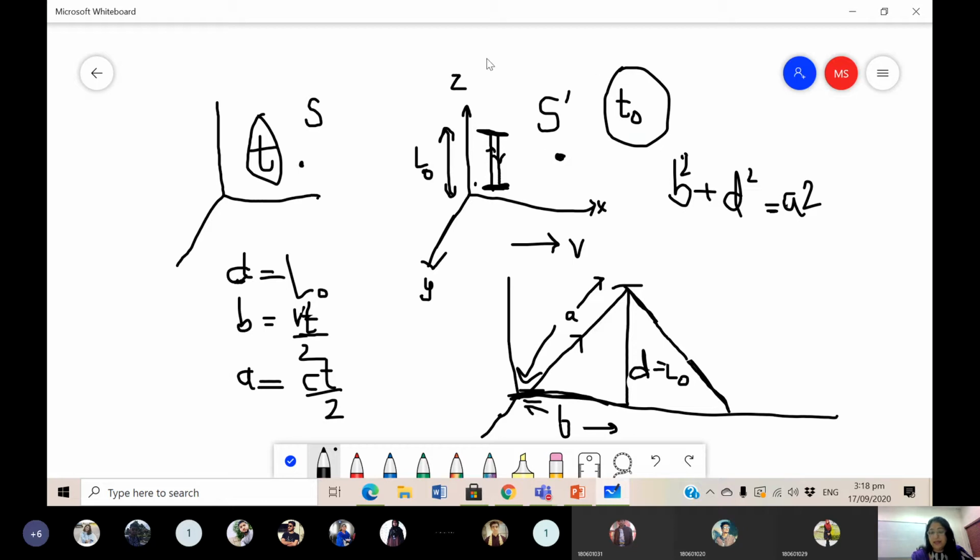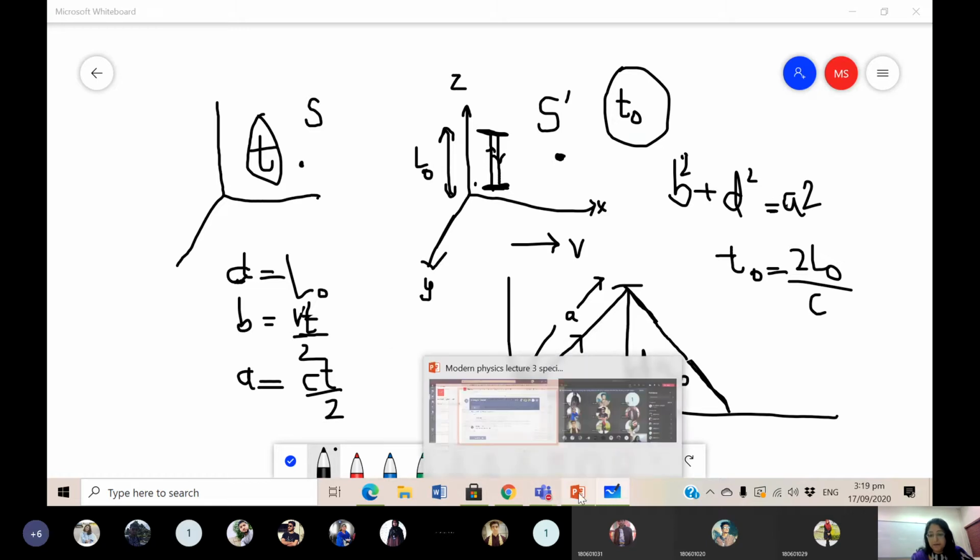So for that person, it will be t0 to go up and t0 to go down. So what will be the formula for that? T0 will be equal to 2L naught, because it goes once up L naught distance and then once down L naught distance, divided by what? C, because it's moving with the speed of light. So this is the formula for T0.